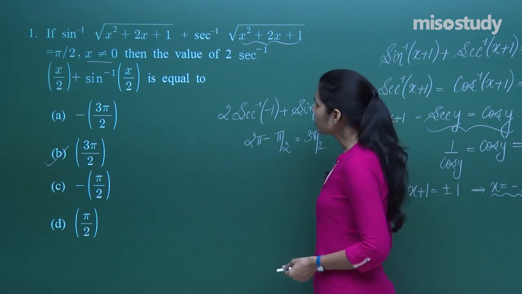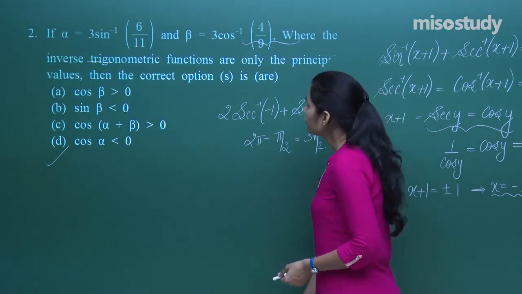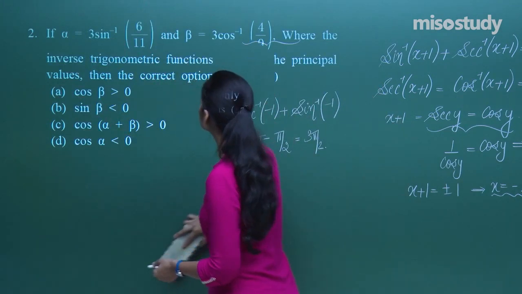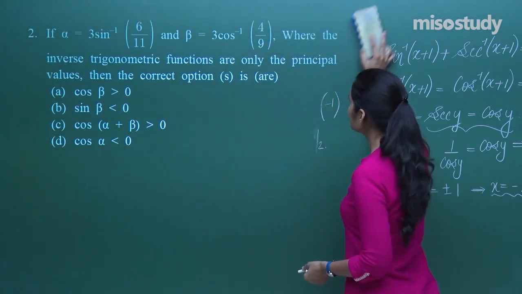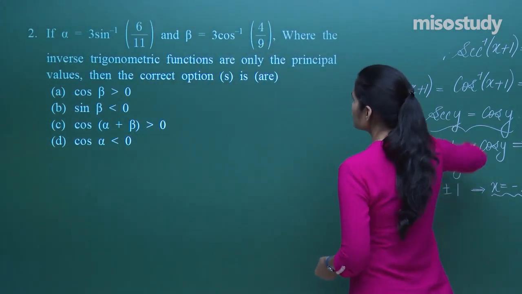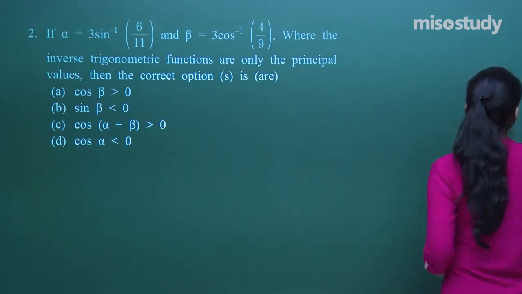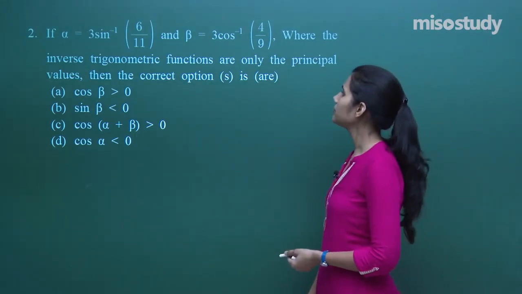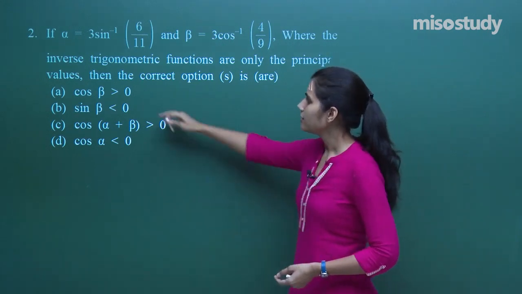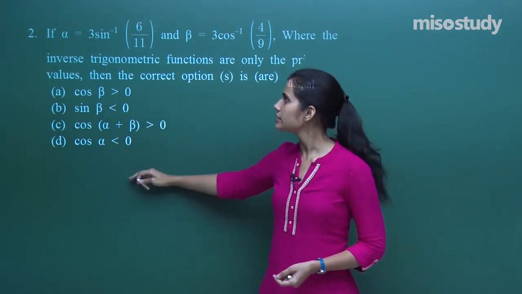Next question says that if alpha is thrice of sine inverse 6 by 11 and beta is this, where the inverse trigonometric functions are only the principal values, then the correct option is what? So only the principal values are being allowed. What is or what are the correct options?